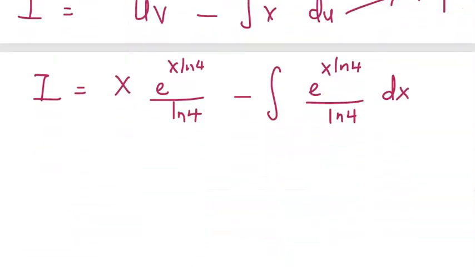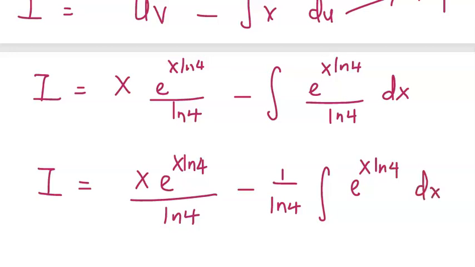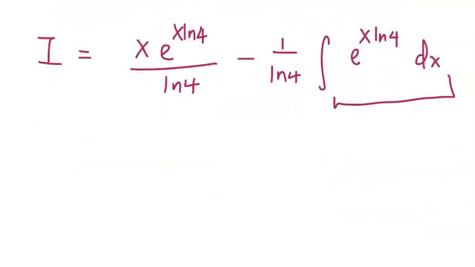Okay, so now from here I is equal to x, e raised to the power of x times ln of 4 divided by the ln of 4, then minus 1 over ln of 4 multiplied by the integral of e raised to the power of x ln of 4 dx. So this one here is very cool and simple. If you recall the formula I gave you earlier, this is just e raised to the power of x ln of 4 divided by the ln of 4.